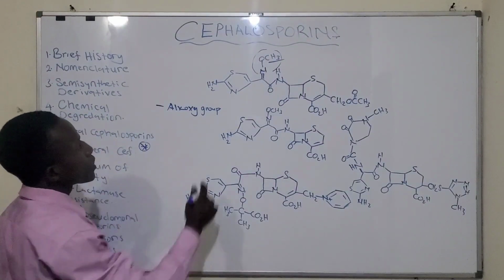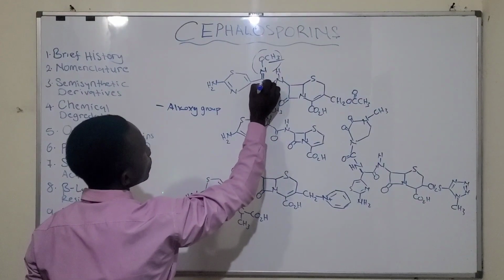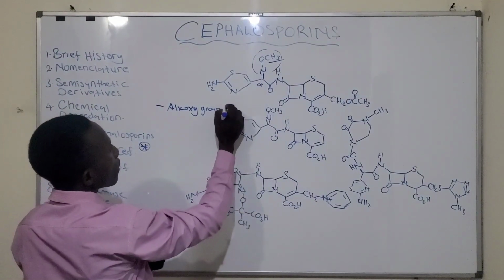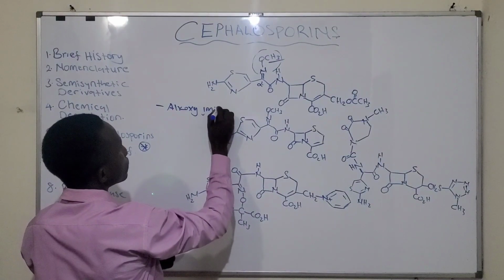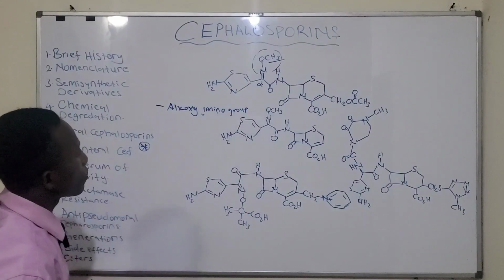So those alkoxy groups are at the alpha carbon, which tells that it is an alkoxy amino group. Okay, alkoxy amino group at the alpha carbon.